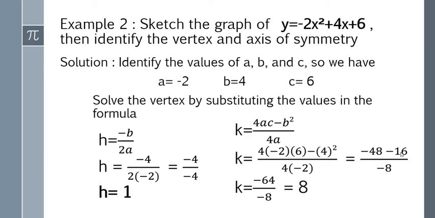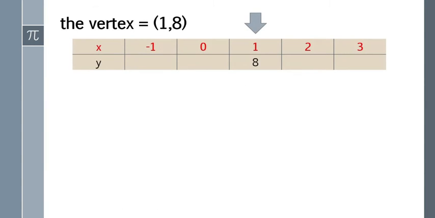Since they are like signs, kapag dinivide mo, magiging positive 8. So, therefore, the vertex is 1 and 8. Okay, ganun pa rin. Gagawa tayo ng table of values. So, ang vertex natin nasa gitna. So, kuha natin ng 5 points.